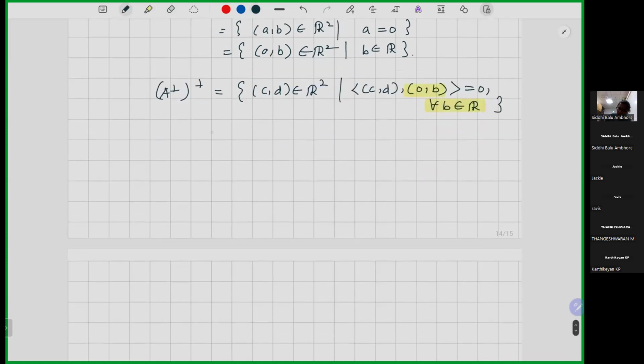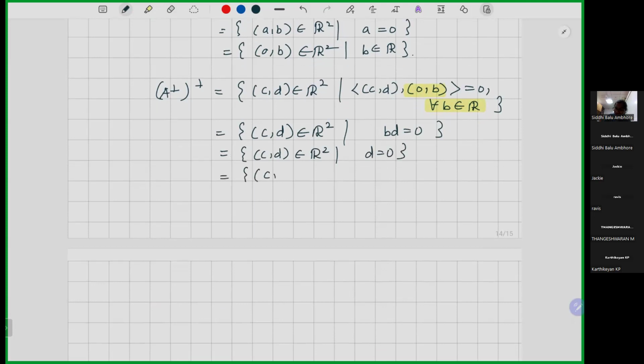If you have any doubt, please let me know. Such that c times 0 will be 0 and b times d is 0. Since b is running over R, it is (c, d) in R2 such that d is now 0. So this implies it is (c, 0) in R2 such that c in R. Okay. But this is not equal to A, because A was just this element.